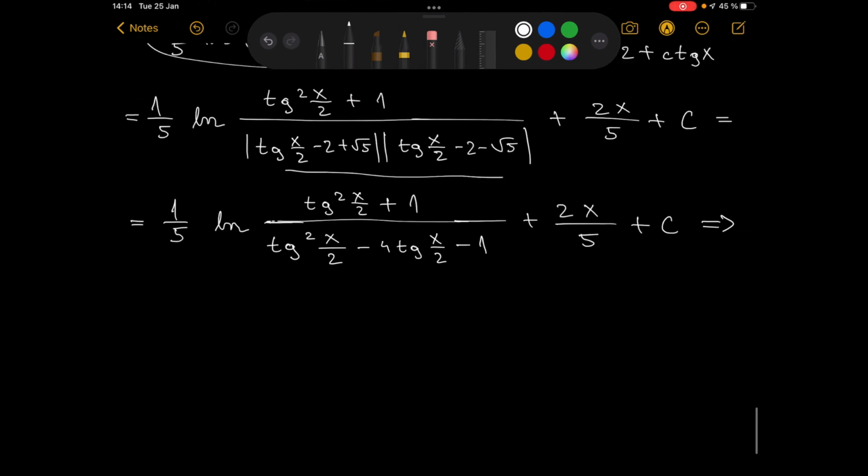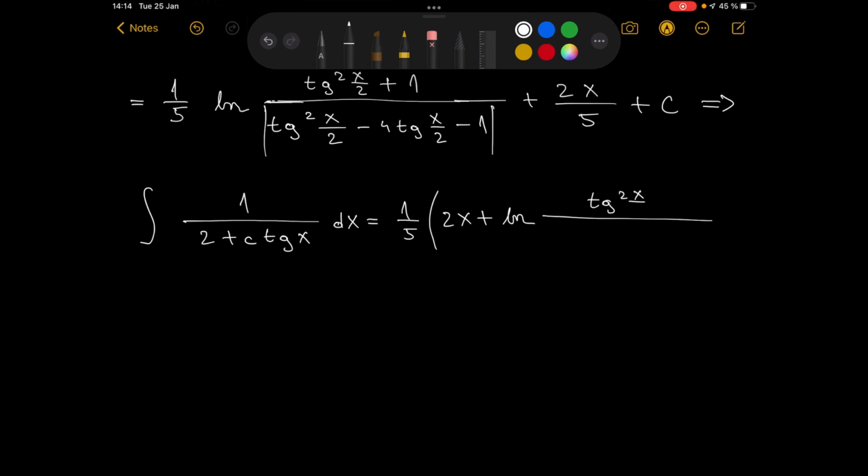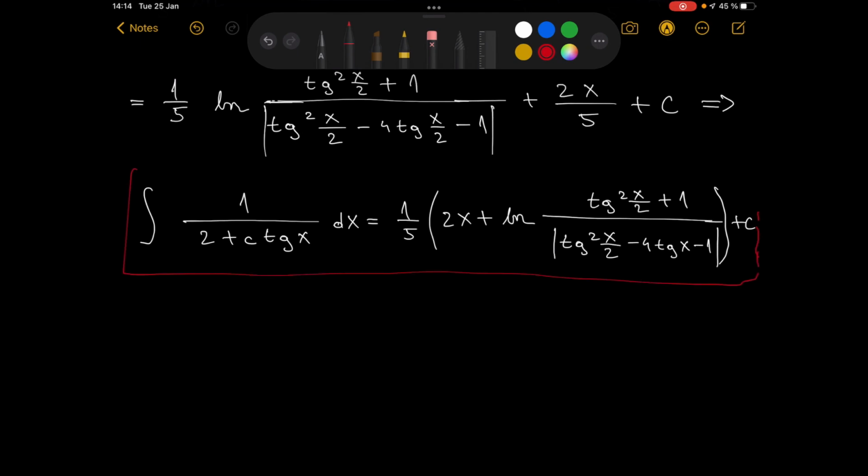And finally, we can say that the integral of 1 over 2 plus cotangent of x dx is equal to 1/5 times 2x plus, and of course, absolute value right here, plus ln of tangent squared of x over 2 plus 1 over tangent squared of x over 2 minus 4 tangent x minus 1 plus c.